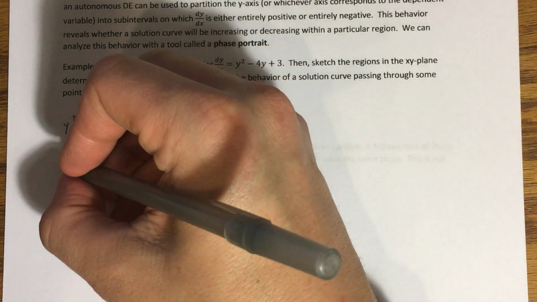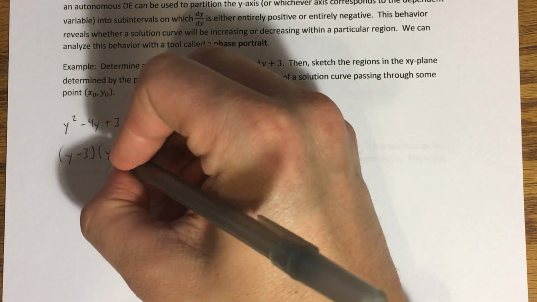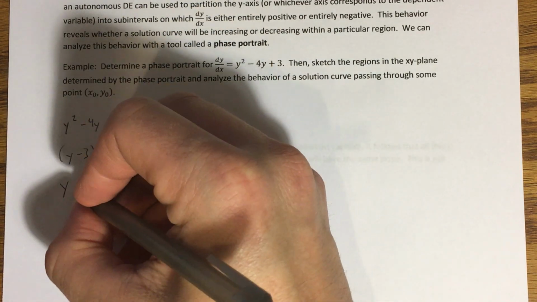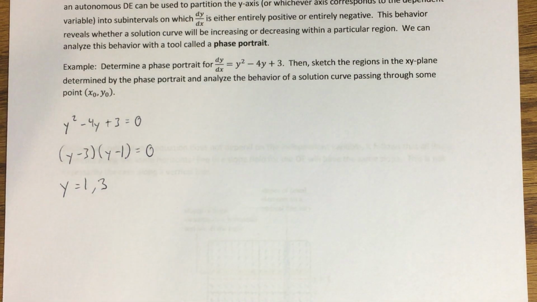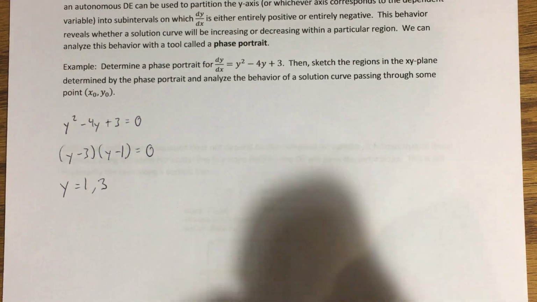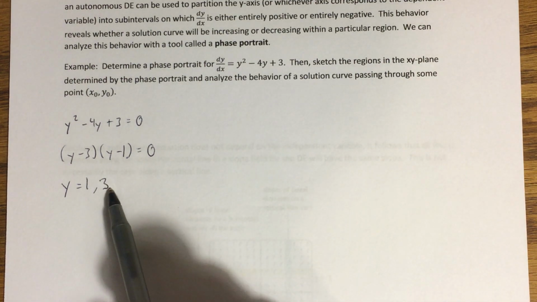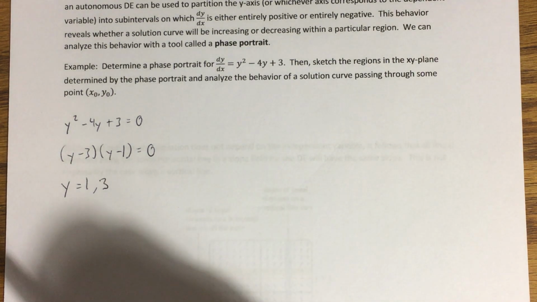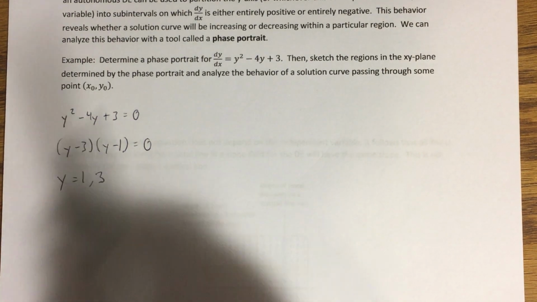This factors, I get y minus 3, y minus 1 equals 0, giving me the following solutions: y is equal to 1 or 3. So y equals 1 and y equals 3. Those are the two constant solutions to this differential equation. And I encourage you to verify that. You know how to check a solution to a differential equation because we talked about that in chapter 1. Check both of those and make sure it works.